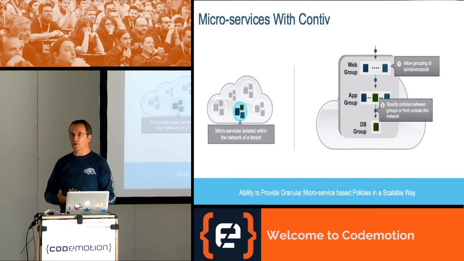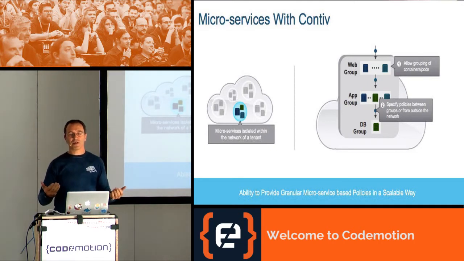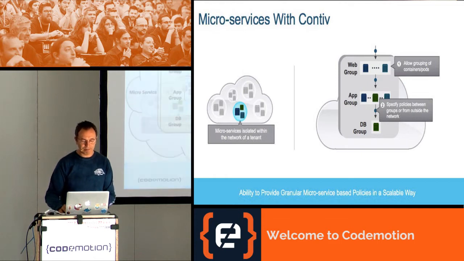And that helps a lot in case of horizontal scalability. Just think Kubernetes scaling your microservice to 100 containers, or maybe 1,000. All of the containers will inherit the same policies that we have applied to the group that contains them.